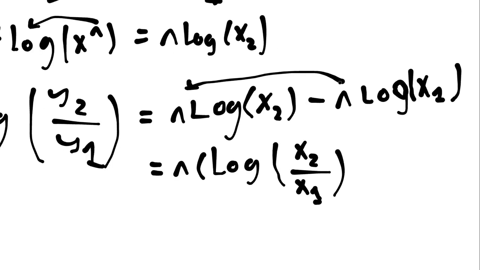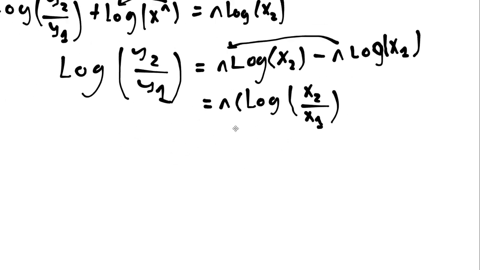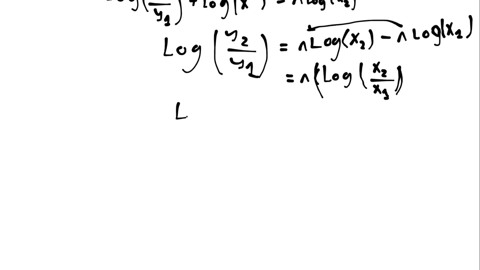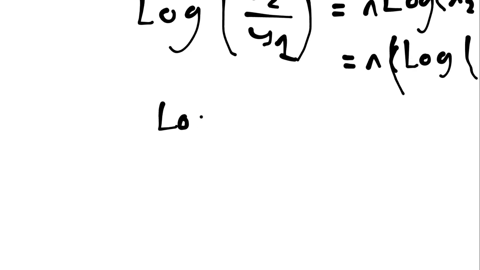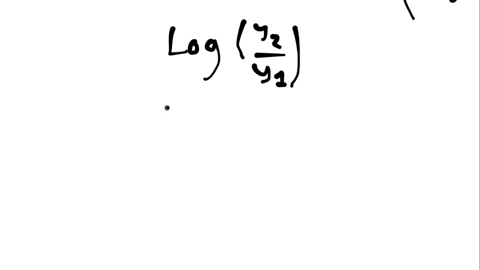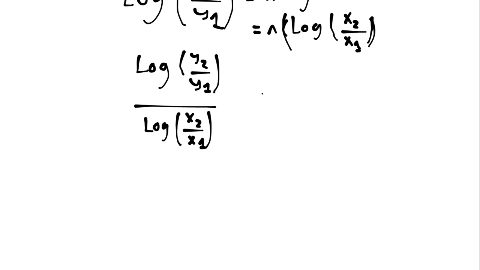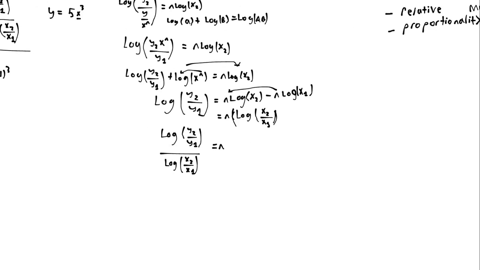Remember, if you subtract them, they become dividing. And then you just divide by this on both sides, and you will get the formula we had at the start. Equals n. So yeah, that's how you do it.